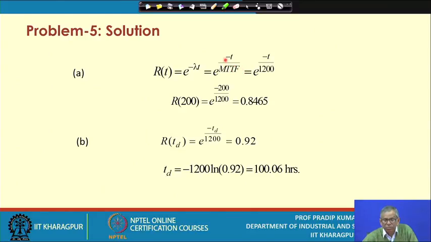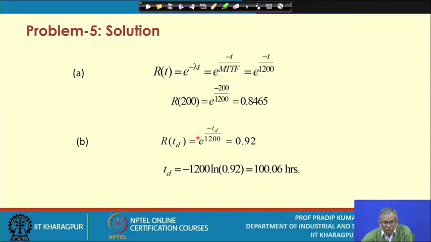Why have we used 1 upon MTTF? Because lambda is 1 upon MTTF. So this is the expression for R(t). When t is 300 hours, you get a reliability of 0.8465, or 84.65%.